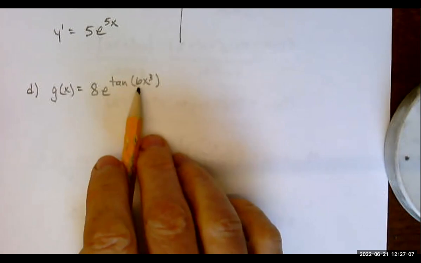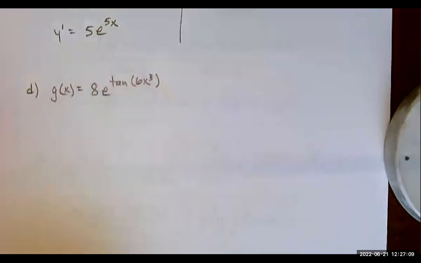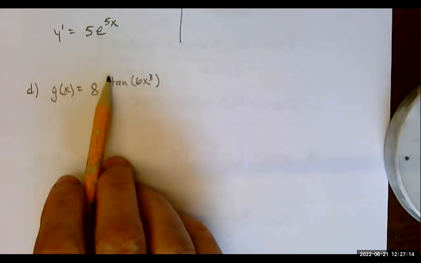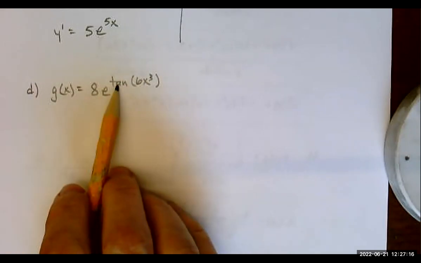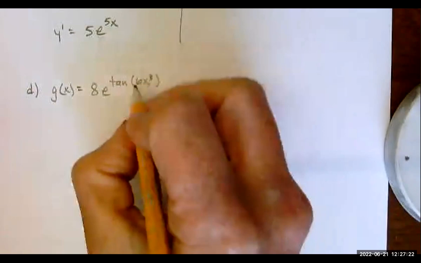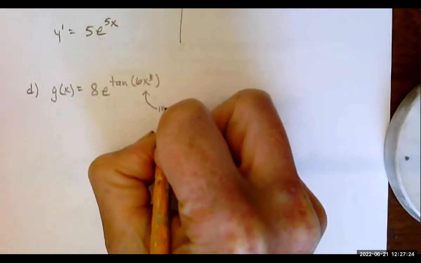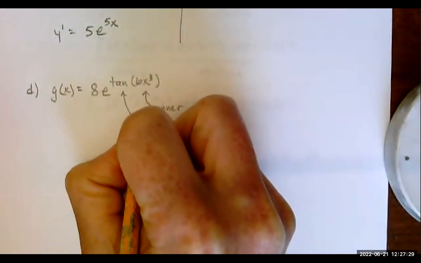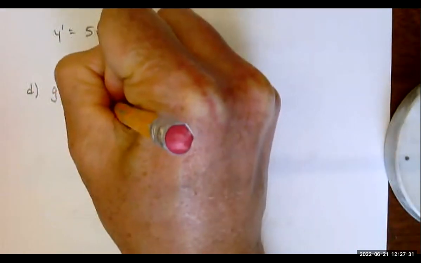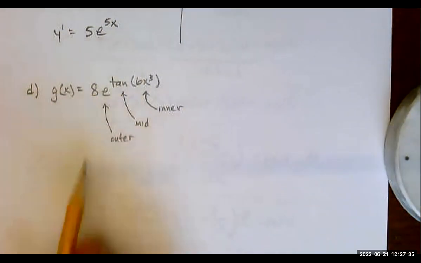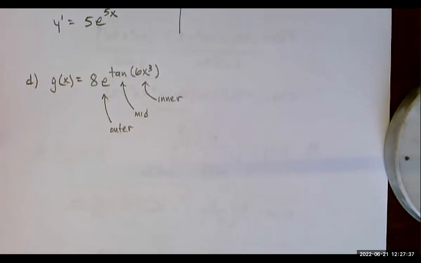Inside a set of parentheses is 6x cubed, but then inside the exponent, there's also a tangent of that. And then there's the e itself. There are 3 layers here. Let's call them the inner, the mid, and the e is the outer. And then it even has a constant multiple that's going to carry along.